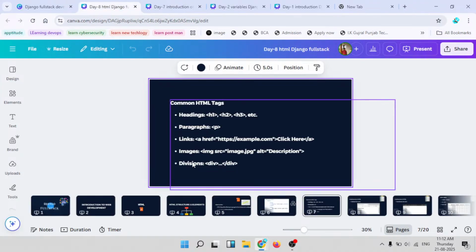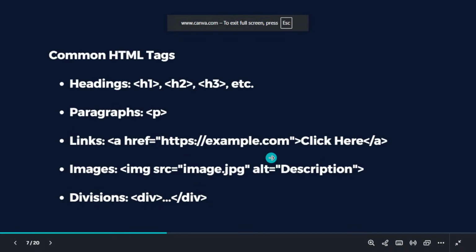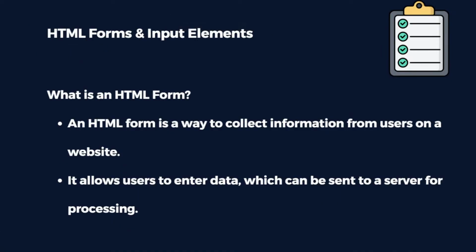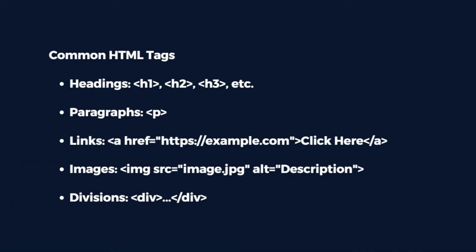I just gave some intro only. What are the things we use? For headings we use the heading tags h1, h2, h3. This is the example. For any paragraph in a website, we use the p tag.